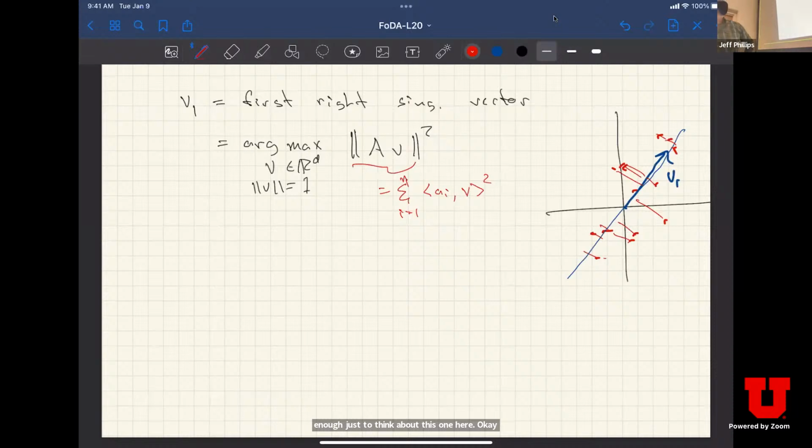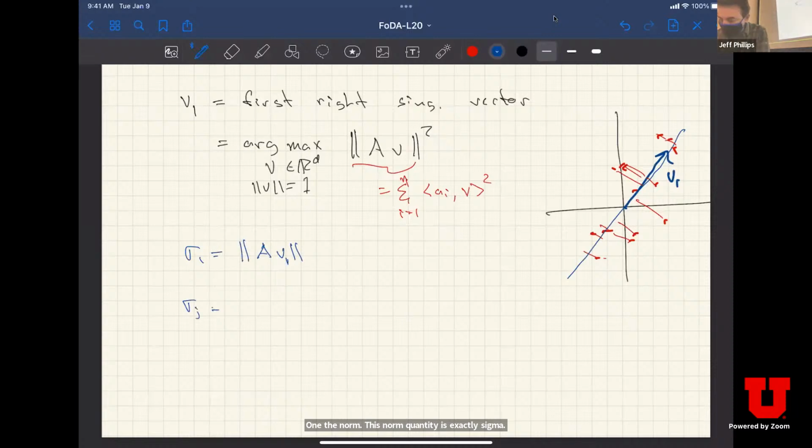Once I have V_1, it turns out that sigma_1 is going to be exactly the norm of A times V_1. This norm quantity is exactly sigma_1. In general, this is true.